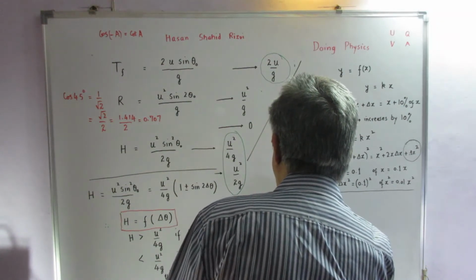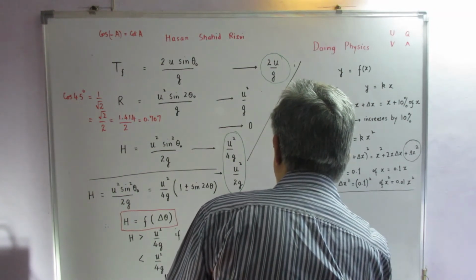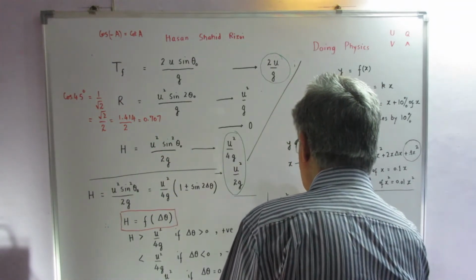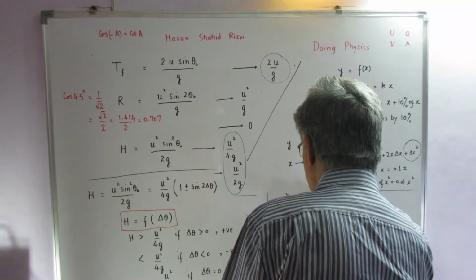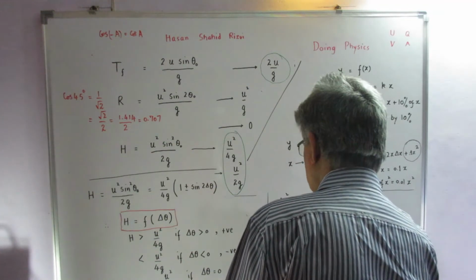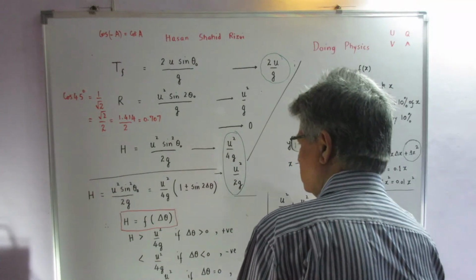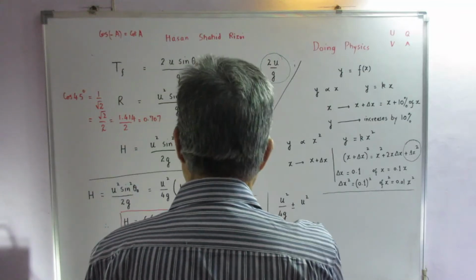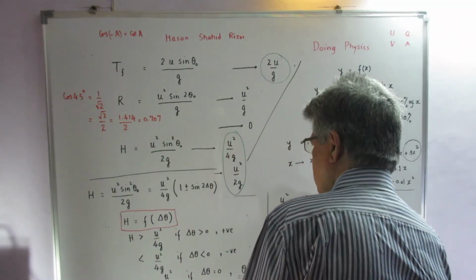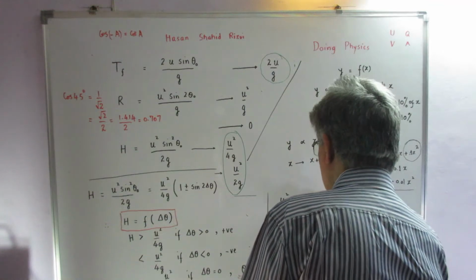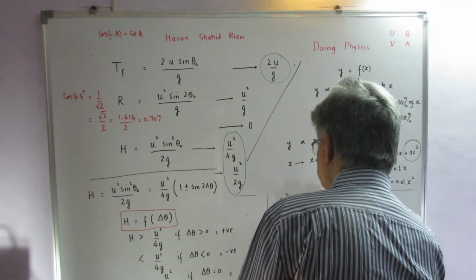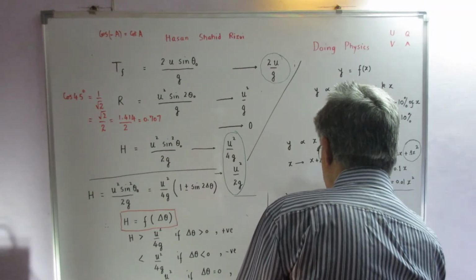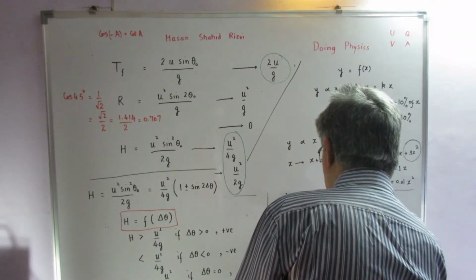But here I have the equation u square upon 2g, I'm sorry, not 2g, it is u square upon 4g, plus minus, because I have difficulty looking at such a slanting angle, u square sine of 2 delta theta divided by 4g.